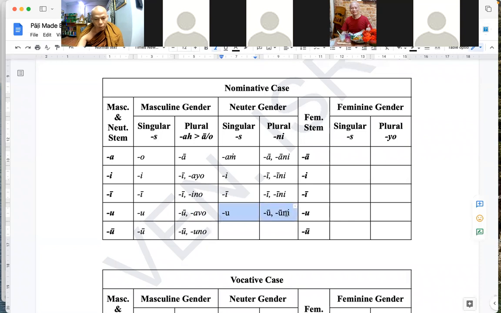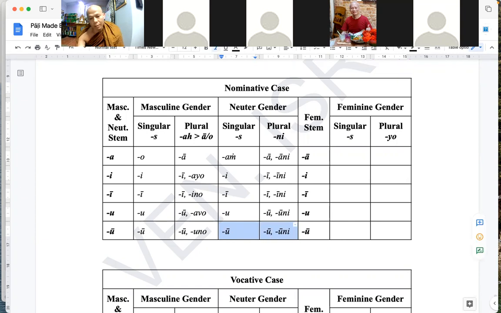So garu, garu, garavo, here jaku, jaku, jaku-ni. And for the ū, for neuter, we have gotrabhu for singular. For plural, also the first form is gotrabhu, and the last one has ni added: gotrabhu, gotrabhu, gotrabhu-ni, in this way.